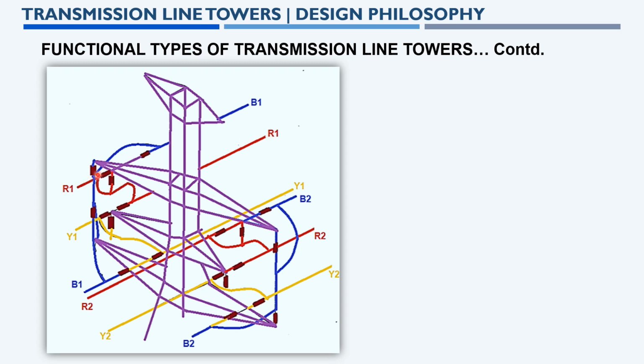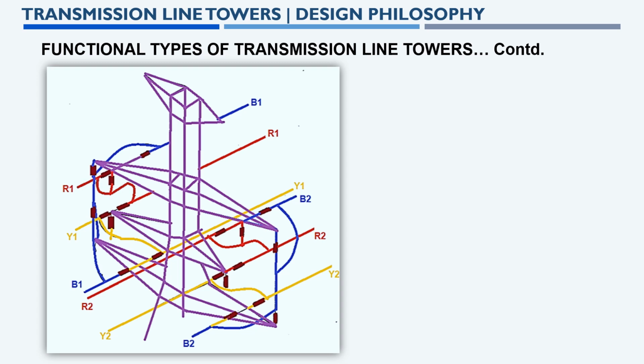So this R1 is connected in the top arm and goes out through the middle arm. Likewise, if you consider the white to yellow line, it is connected in the lower arm, middle arm, and it goes out to the other side in the lower arm using dropper and the tension and suspension insulators.